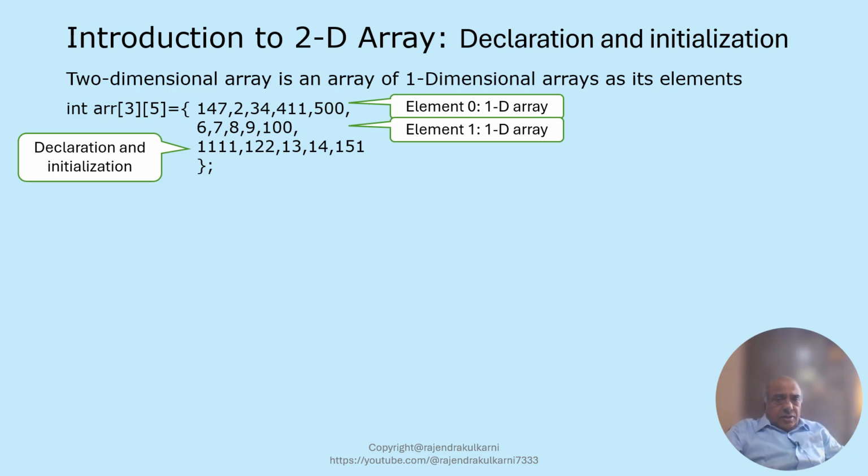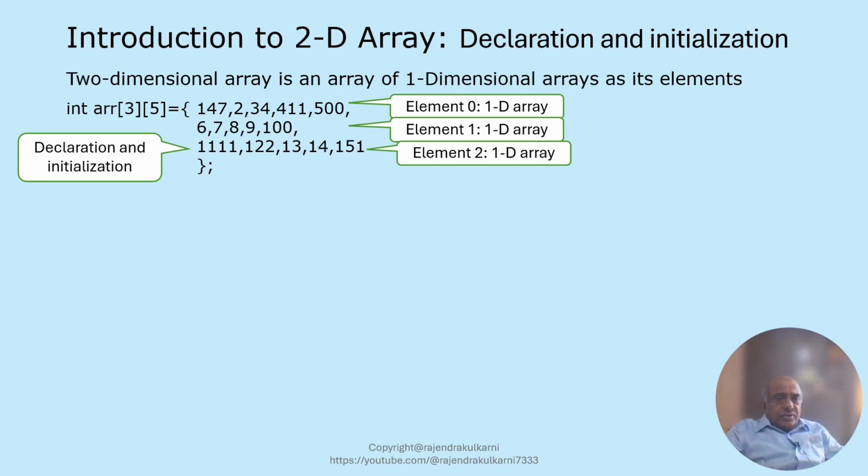Then this is element 1 and this is element 2. So these 1D arrays, 3 in number, are the elements of the 2D array arr.